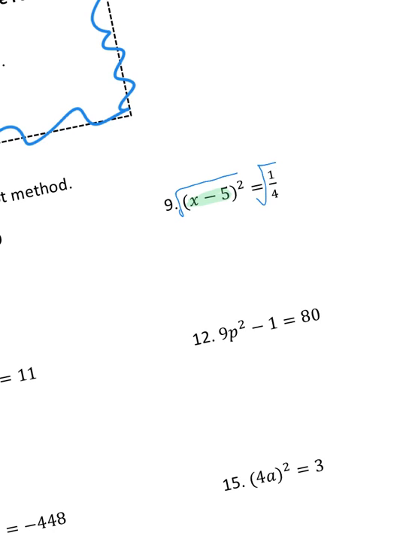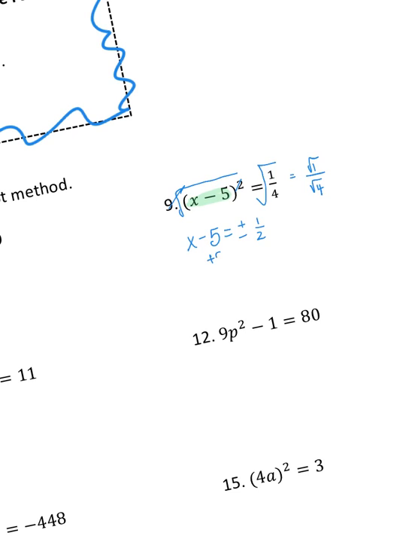When we do that, the square root of a square, those are inverses, so they cancel each other out. And so x minus 5 is equal to the square root of 1/4. Well, the square root of 1/4 is equal to the square root of 1 over the square root of 4, or you can put it in your calculator, and you will get plus or minus 1/2.